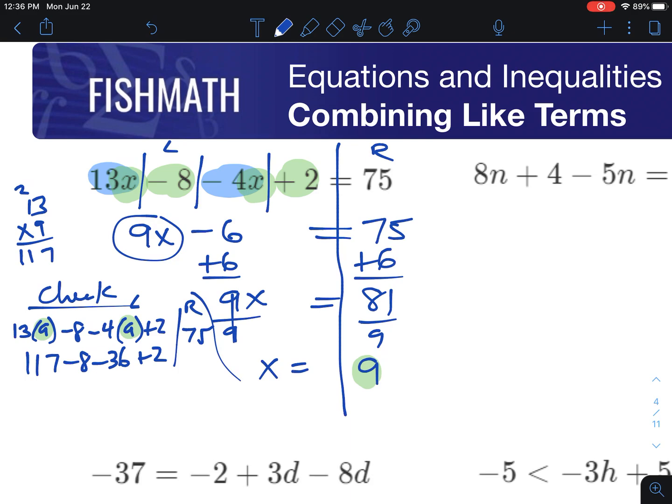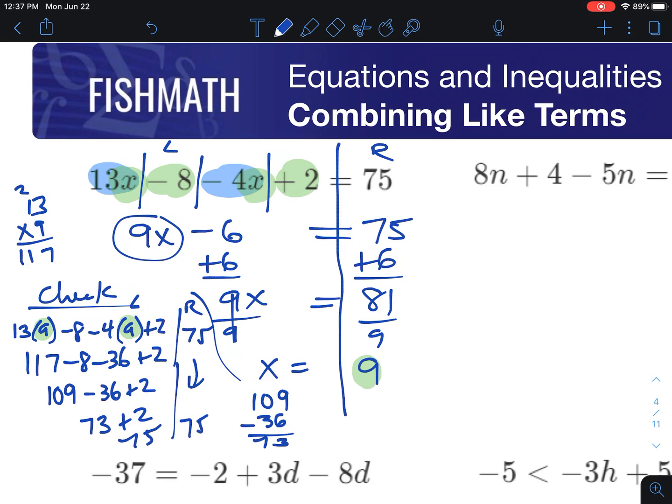Show the work. 117 minus 8, well, that would be 109 minus 36 plus 2. 109 minus 36, a little bit tricky to do that in your head, so we can always stack those up. So 9 minus 6 would be 3, 10 minus 3 would be 7, so 73. Plus 2 is 75. Hey, look at that. Both sides are equal. We did it correctly because our number that we found made both sides of the equation equal. That's how you check it.